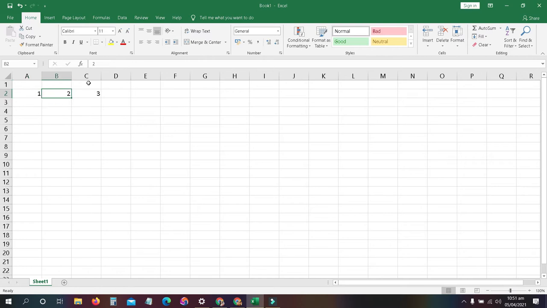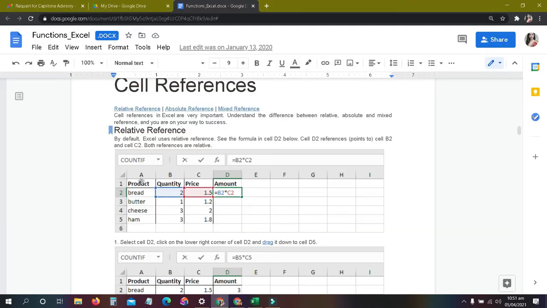Basta references in Excel, it adjusts automatically. If we change this into 2, obviously it becomes 4. So that's the relative reference. Again, A2 plus B2.